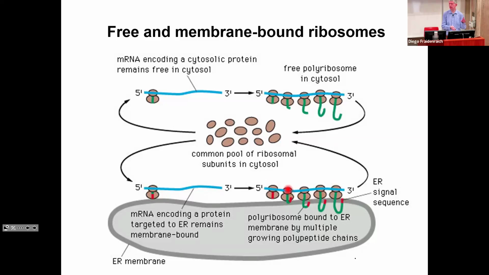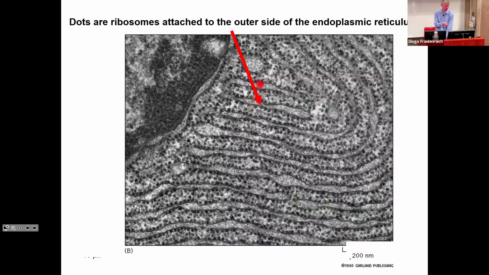So that's the difference from the mitochondrial protein. But importantly, it's the same pool of ribosomes that you can use here, synthesizing cytosolic protein or going to the endoplasmic reticulum. And the difference is here with the ER signal sequence. So this would be an electron microscopic picture, ribosomes attached to the outer side of the ER.